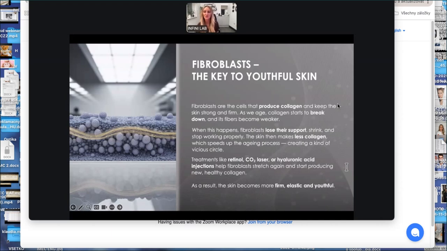So our role is not only to take care of having the right number of fibroblasts, but also, this is extremely important, to make sure to stimulate those fibroblasts that are still there. Because as we know, they're getting lazy with age, they shrink, they cannot really do that much work how they used to do, because the energy level goes down as well with our age.